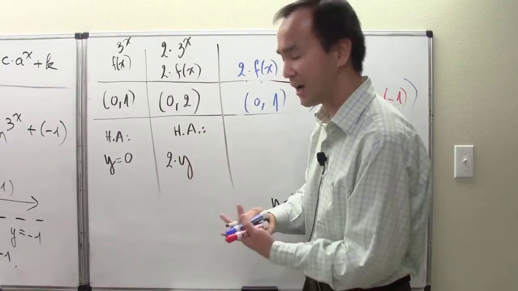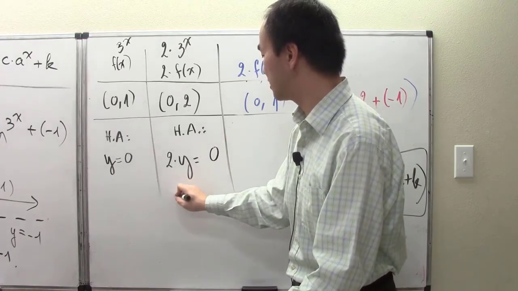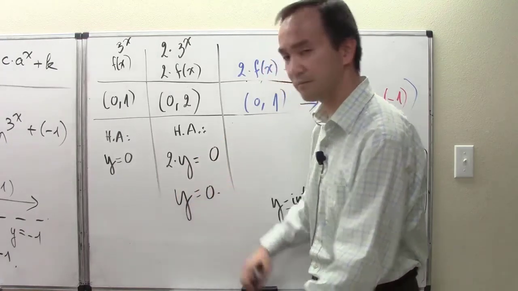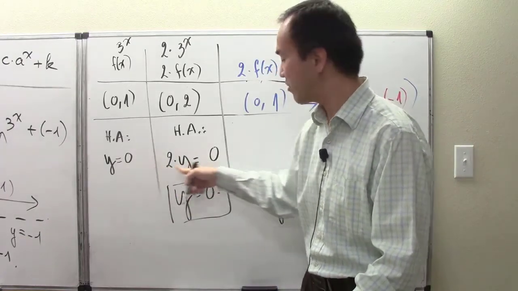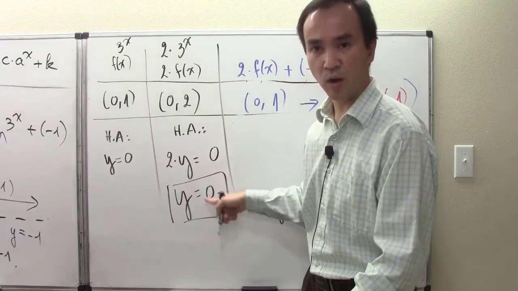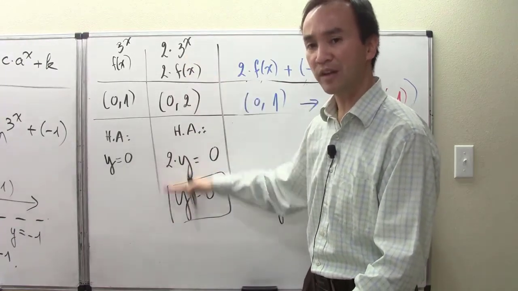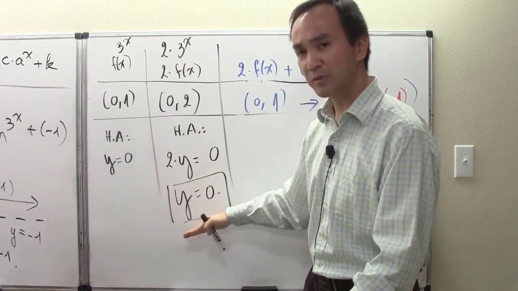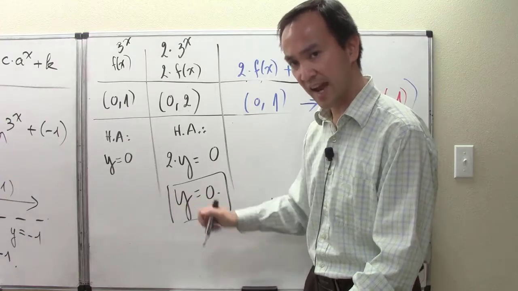So 2 times y equals 0 again. And that's why we ended up with a new y version, y equals 0. See, 2 times the original value gives me a 0 again. So that's why if it's 2 times 3 to the x, we also end up with a horizontal asymptote at y equals 0, at that x-axis again.